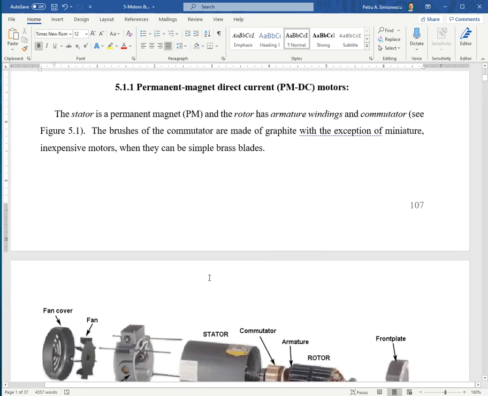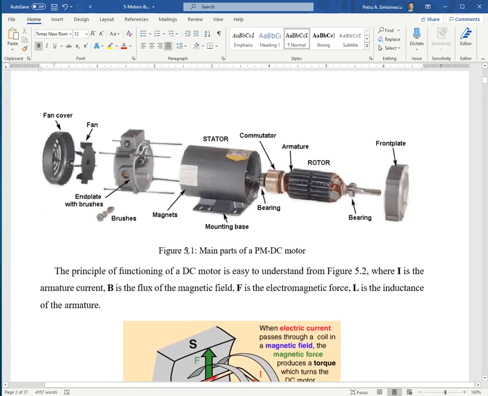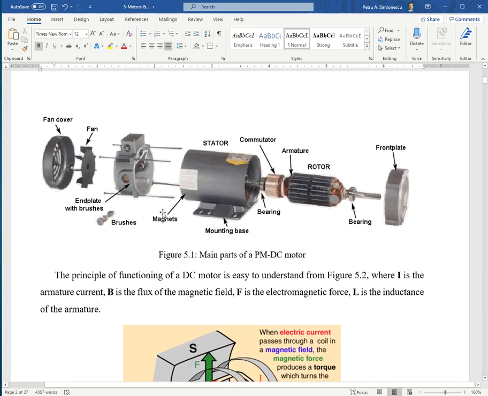And so here are the main parts of a permanent magnet DC motor. You have the permanent magnets, you have the commutator, and a pair of segments are connected to one loop, or rather an independent winding, of the rotor.